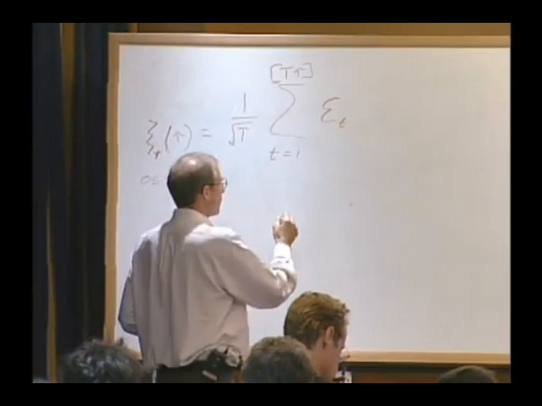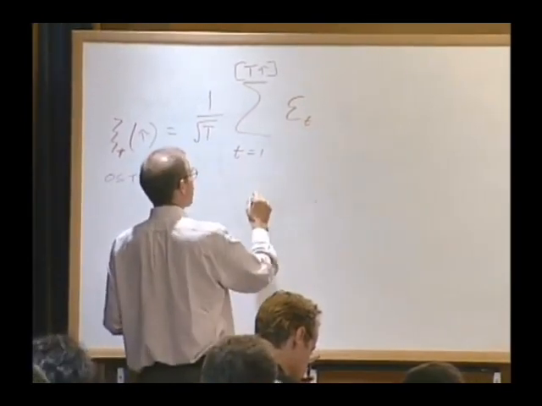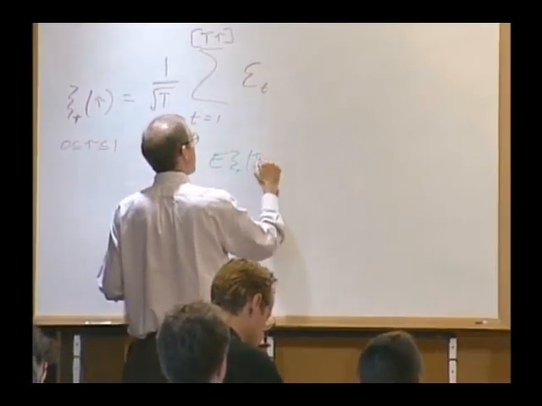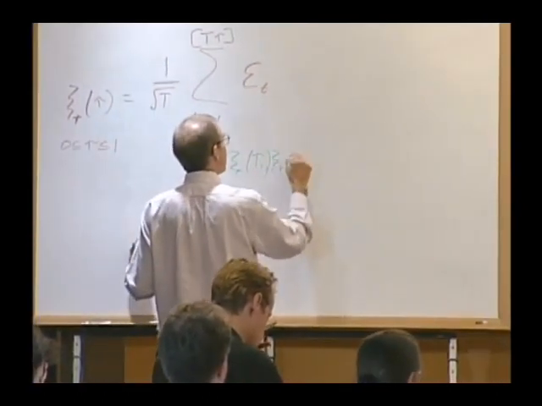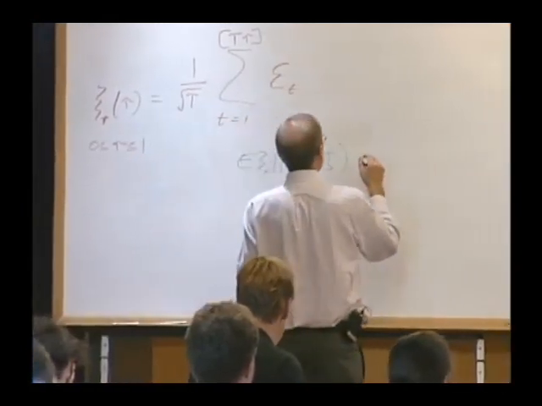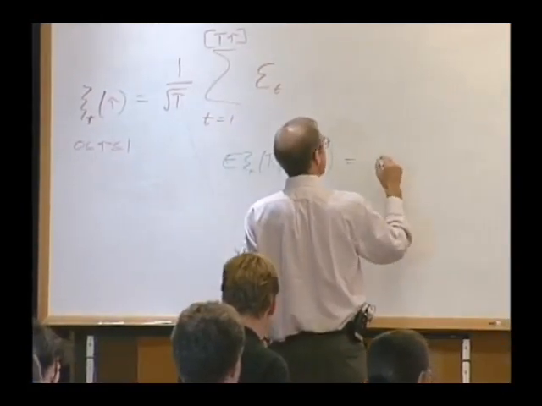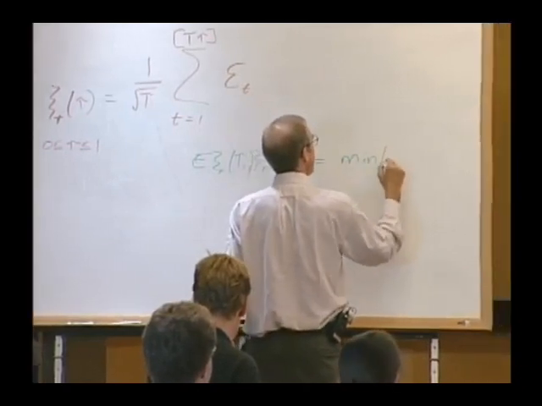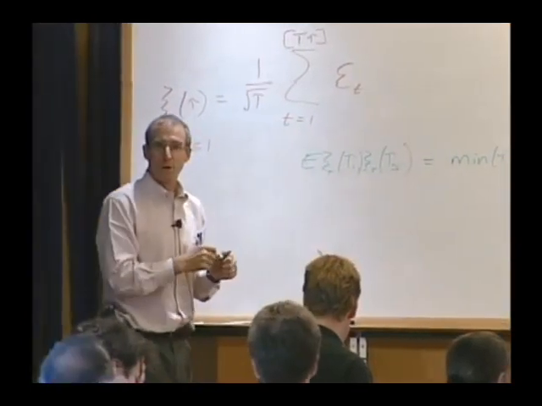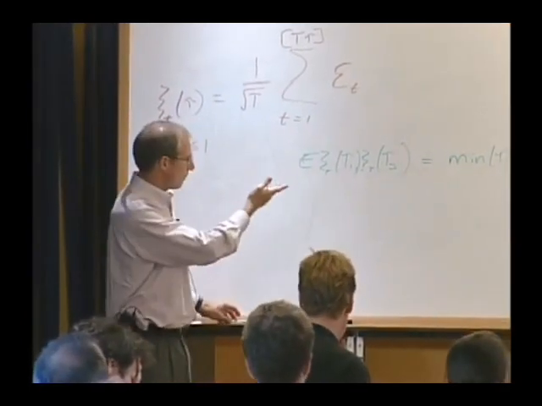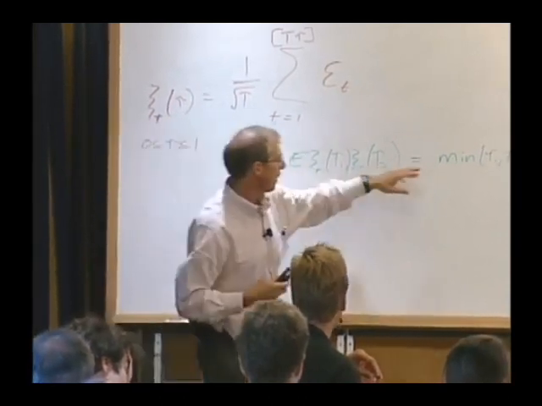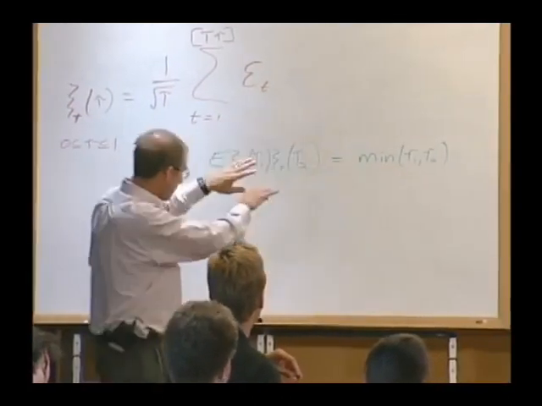If I pick two values of this empirical process, psi t at tau 1 and psi t at tau 2, this has a very specific covariance function, and that's going to basically be the minimum of tau 1 and tau 2. All right, so that's the covariance function for a Brownian motion process.